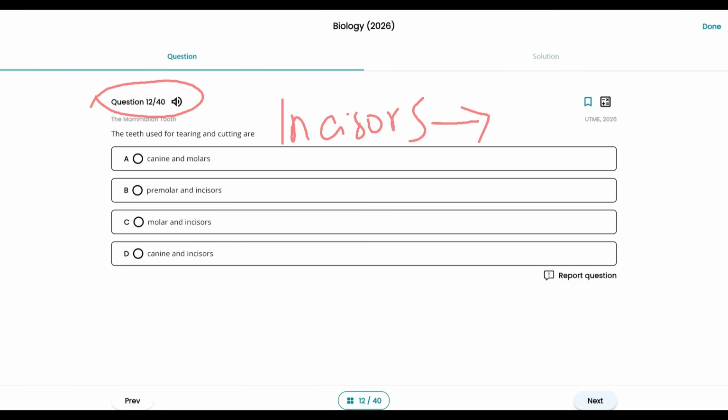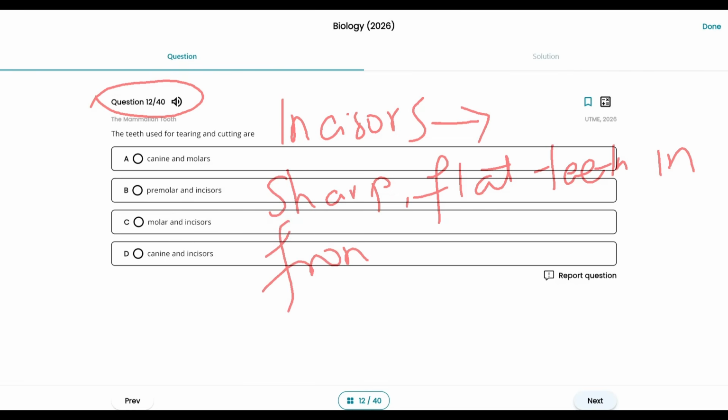Incisors are the sharp, flat teeth in front of the mouth, are you with me?